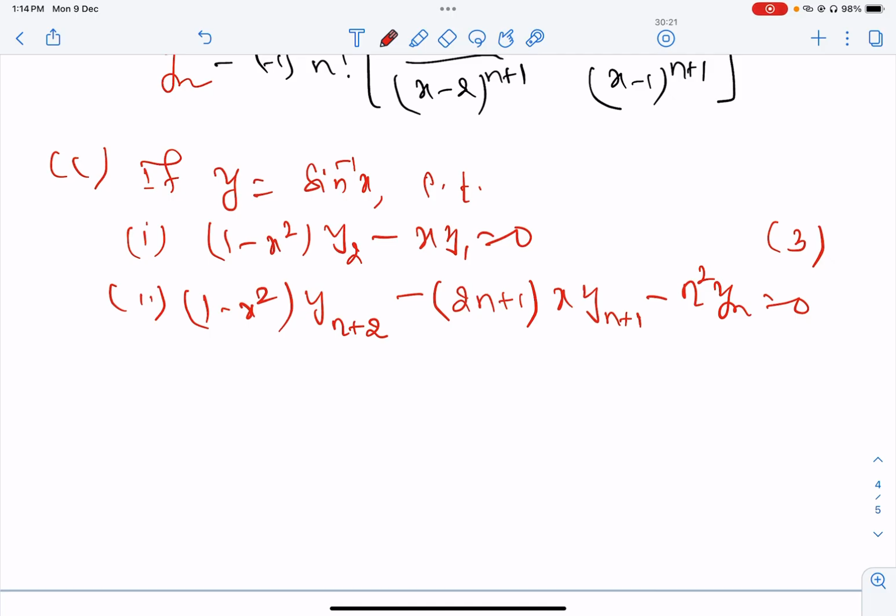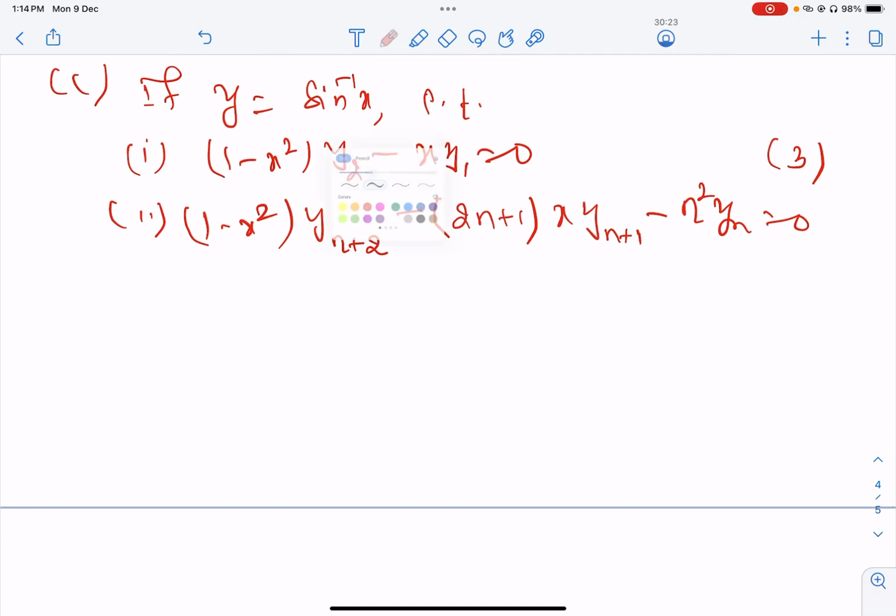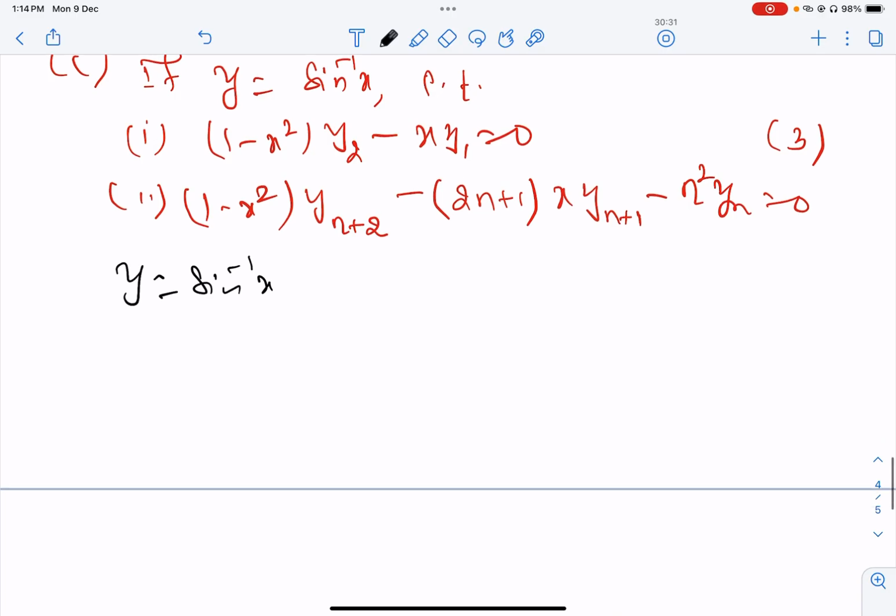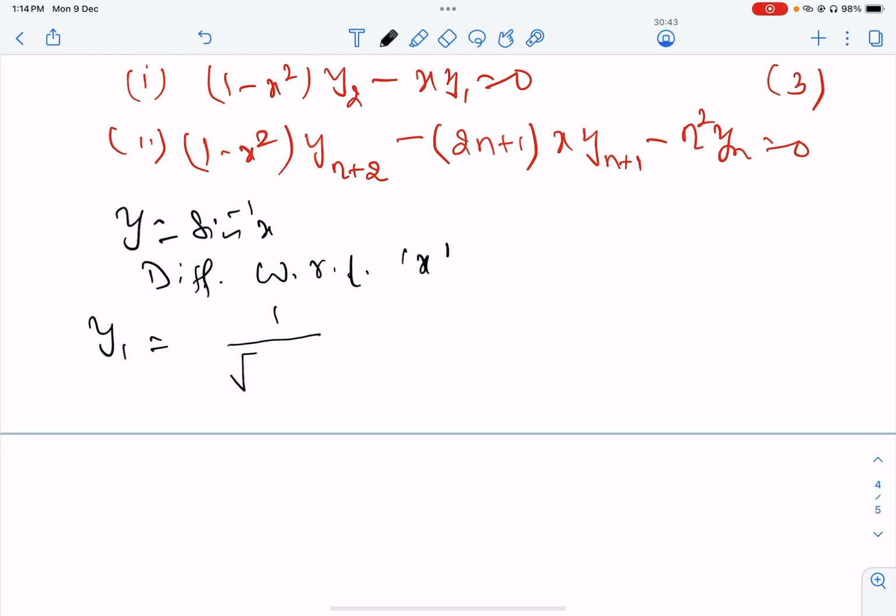So let us solve this example. y equal to sine inverse x. So let us differentiate with respect to x. Then y1 equal to derivative of sine inverse x, which is 1 over root 1 minus x square.